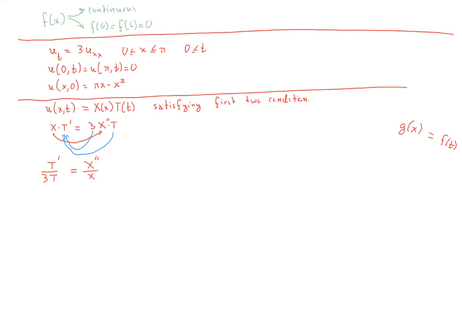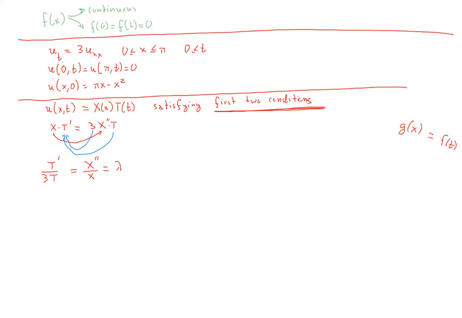So you set this equal to lambda. And now the question being posed is, for which lambdas do we have non-zero solutions? Because remember, we want to satisfy the first two conditions, and obviously they are satisfied by the zero function.